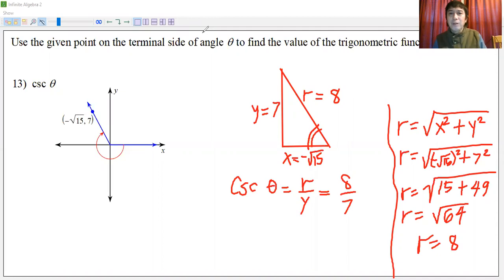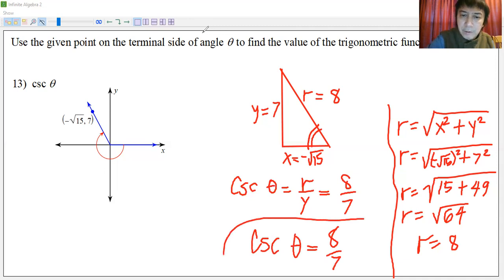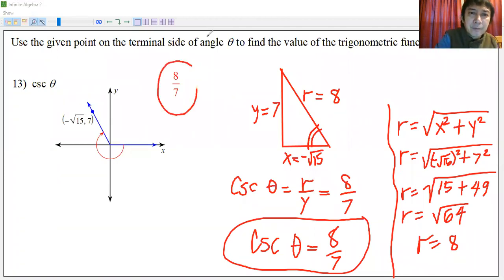This is our answer. Cosecant theta is 8 over 7. It's a positive value in the second quadrant. So let us check and verify. 8 over 7 is the answer.